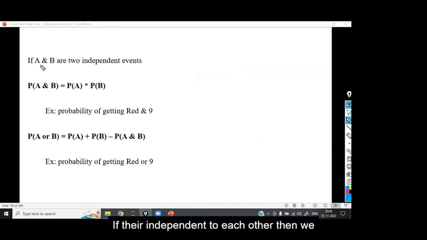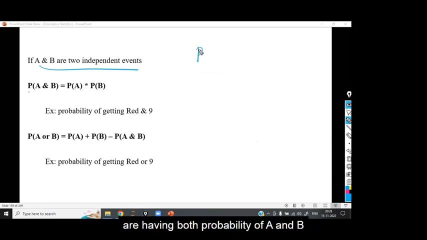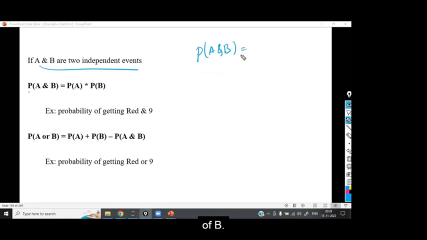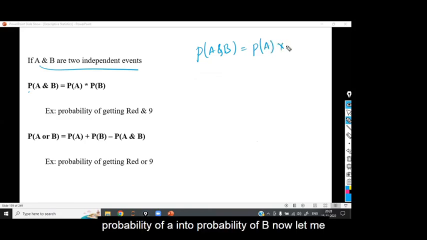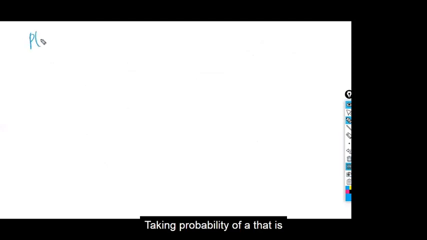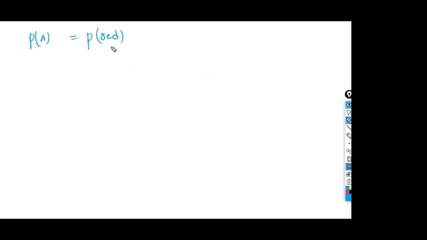If they are independent of each other, then the probability of A and B is equal to the probability of A into the probability of B. Now let me explain this with an example. Probability of A is the probability of selecting a red color.